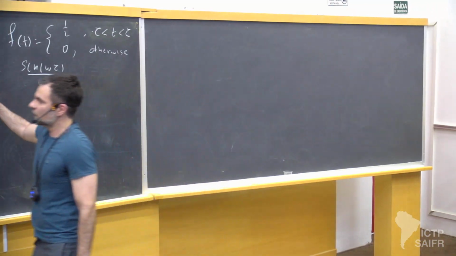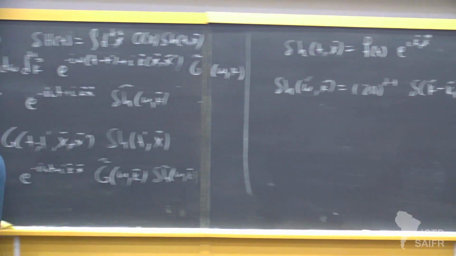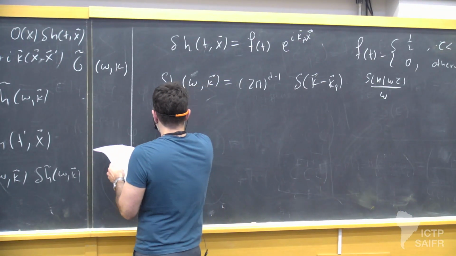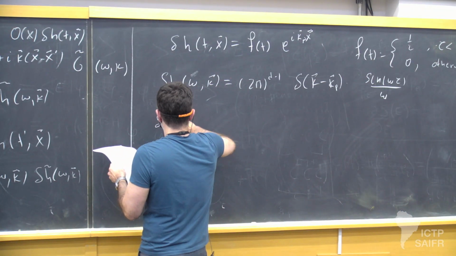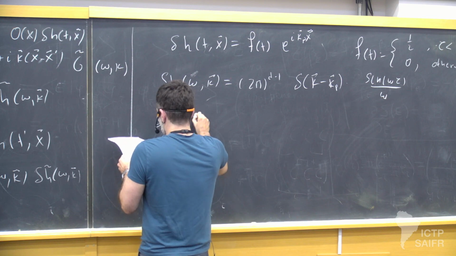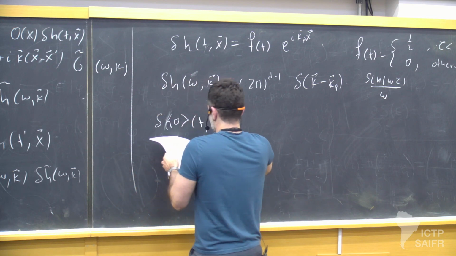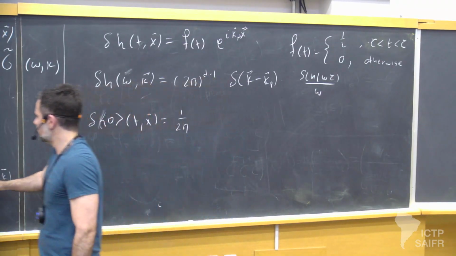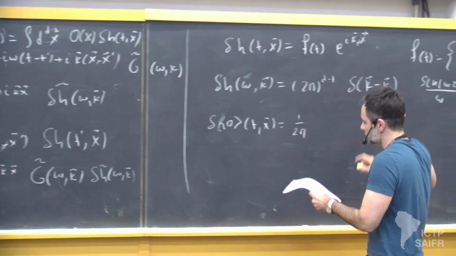So if I now take this finite pulse and I substitute it here, I will have that the VEV of the operator O as a function of t and x will be 1 over 2 pi. I can trivially do the integral over k, right? I have a delta function here.